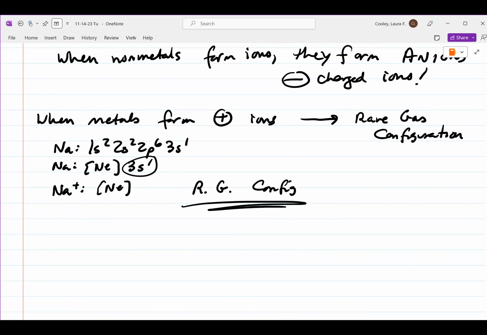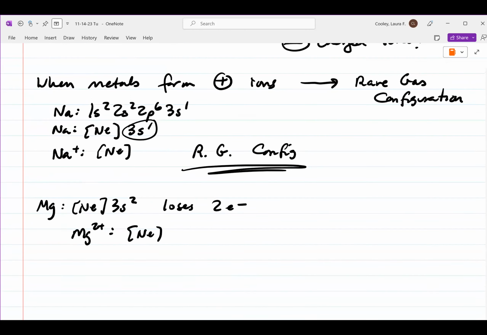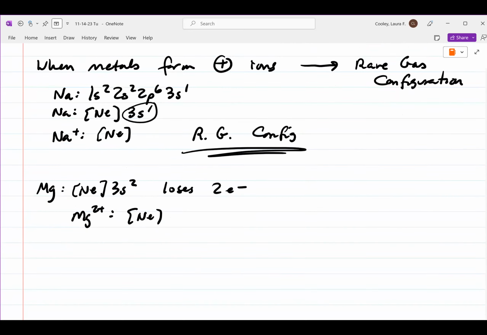In general, metals tend to lose the number of electrons so that they attain a rare gas configuration. Magnesium, which is neon 3s2, loses 2 electrons to form Mg2+, which is just the rare gas configuration, right? Etc. So metals tend to form positive ions with a rare gas configuration.